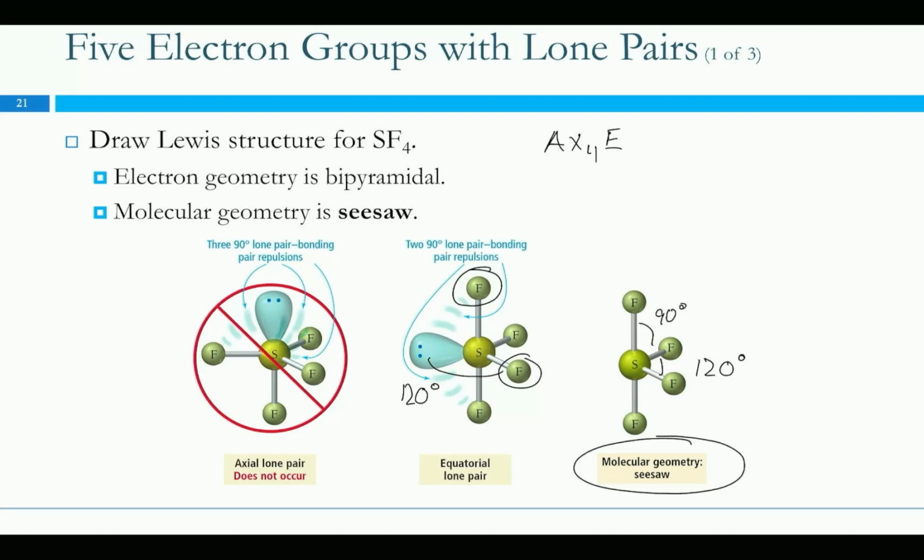So definitely we have to not have a 90-degree lone pair interaction. I could put them on opposite ends, but then I would have 3 lone pair bonding pair interactions for each, all at 90 degrees.